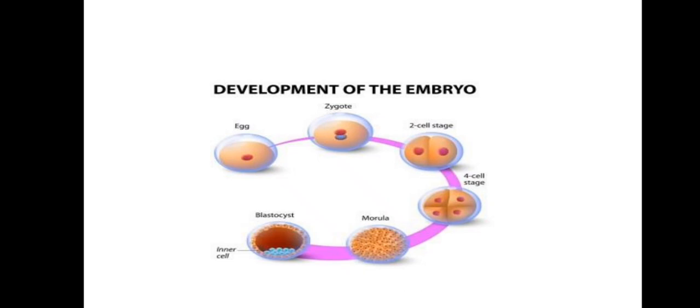Human chorionic gonadotropin is produced by the cytotrophoblastic layer of the chorionic villi, and as the activity of the corpus luteum declines, the placenta takes over the production of estrogen, which is secreted in large amounts throughout pregnancy. Human placental lactogen has a role in glucose metabolism in pregnancy too.